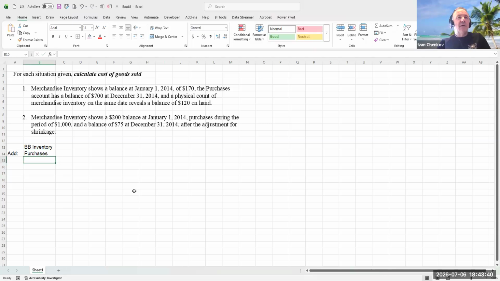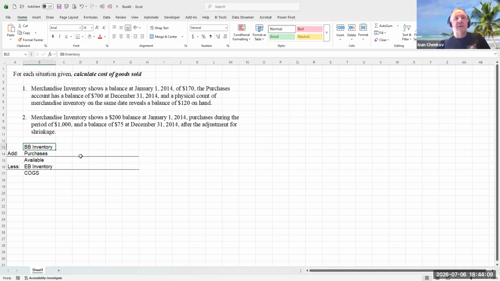Then we're going to see how much we have available. Then we're going to deduct the ending balance of the inventory, the one that we count, and then we're going to see how much is the cost of goods sold. That's what we have to do in both scenarios.